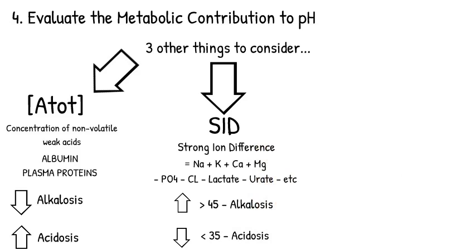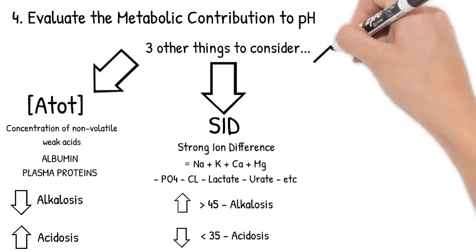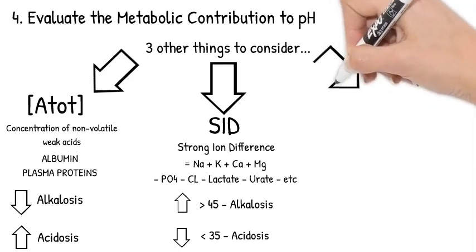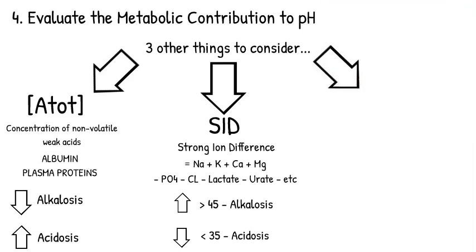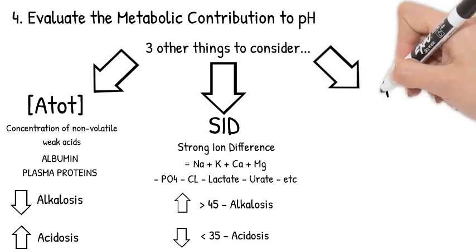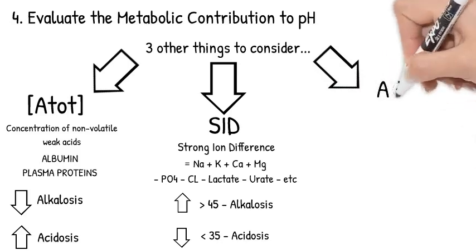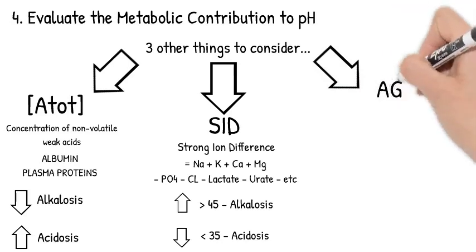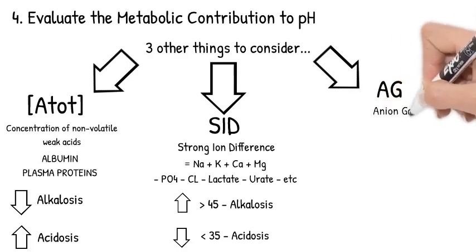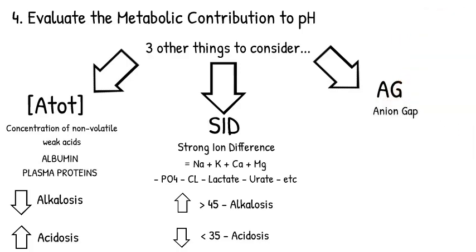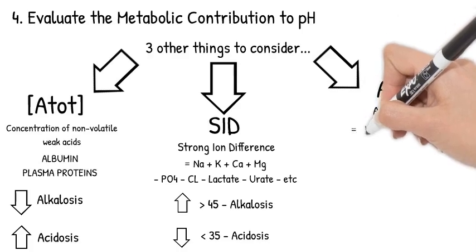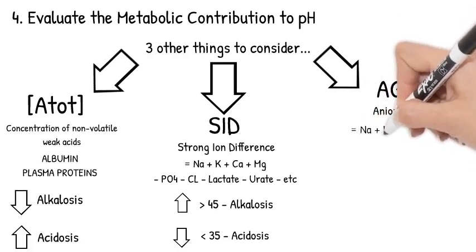Then the last thing that we should look at is the anion gap. Now the anion gap is not really useful. Your strong ion difference is actually more useful. We know the anion gap formula, but we can only really use this if you have a metabolic acidosis, and then it helps you to determine your differential diagnosis.